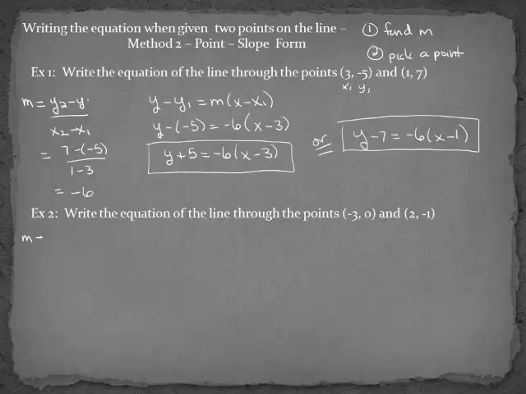So again, we're going to find our slope first. And I get negative 1 minus 0 over 2 minus negative 3. So that's negative 1 over 5.